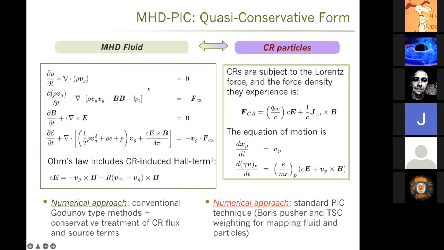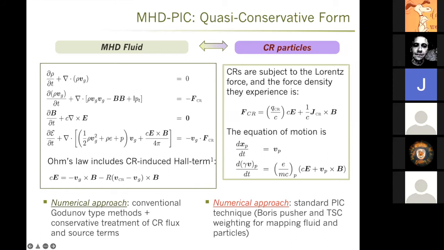Now, when you work out the conservative form, as you can see, you have the MHD fluid on the left and cosmic ray particles on the other side. You see this term appearing here. This is simply Newton's third law of dynamics. If the particles are feeling a force, then the fluid must feel the opposite, in order for the total force to be zero and the momentum to be conserved.